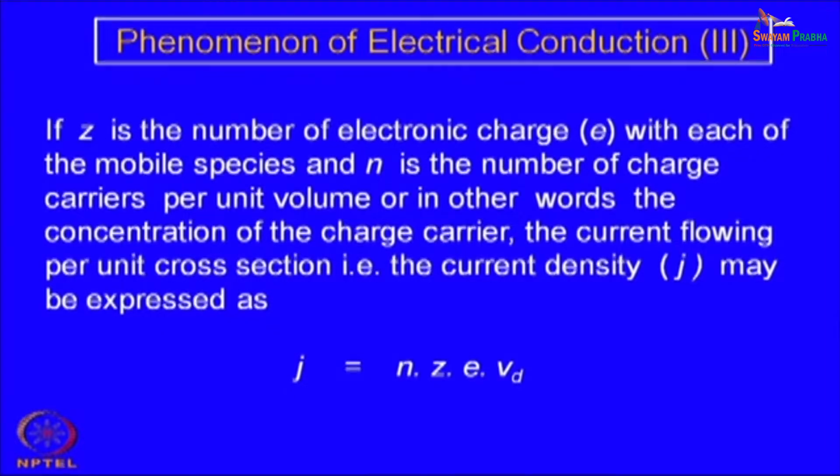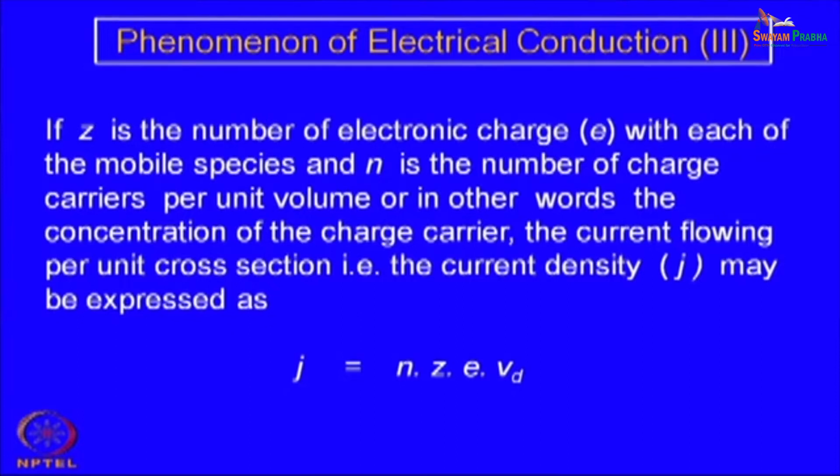So, to generalize, Z is the number of the electronic charge E with each of the mobile species, and N is the number of charge carriers per unit volume. That means it is the concentration of the charge carriers, the number per unit volume.